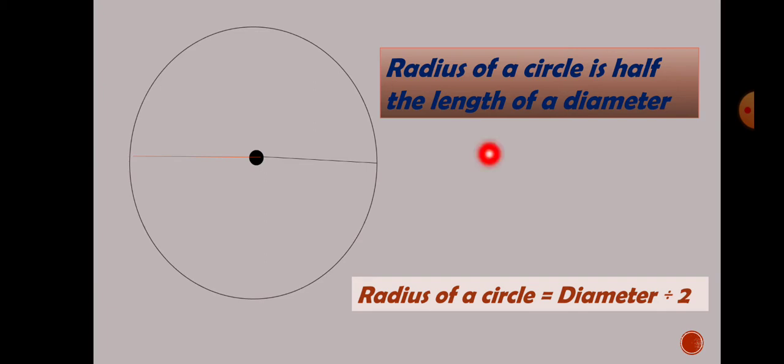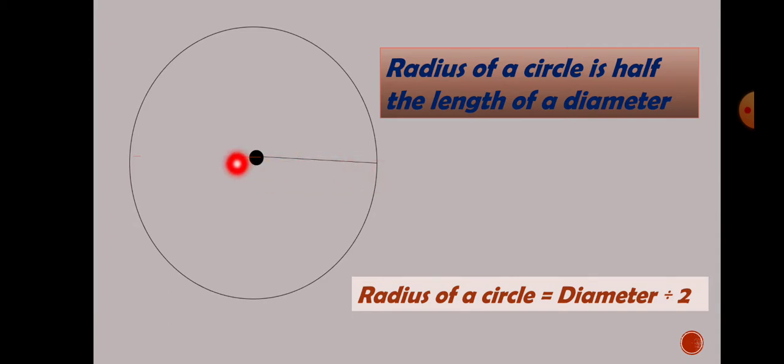Next, radius of a circle is half the length of a diameter. Now students, as you can see here, the diameter is already made, a line which has passed through the center of the circle. But what if I hide one part of it, or remove one half of the diameter? What I am left with is a line which starts from the center to another point on the circle, which we call the radius.